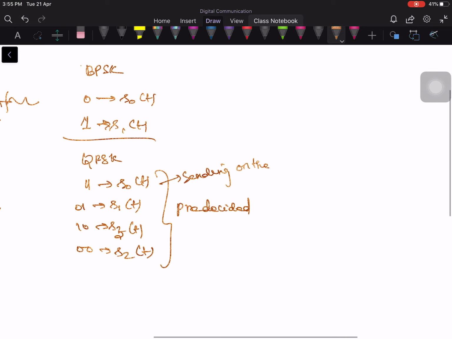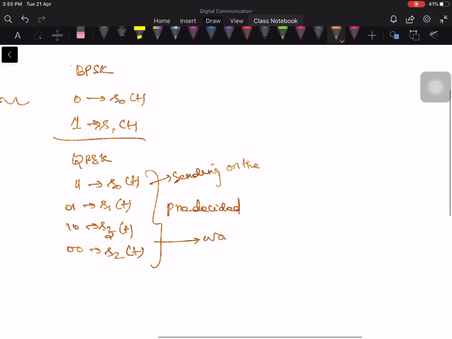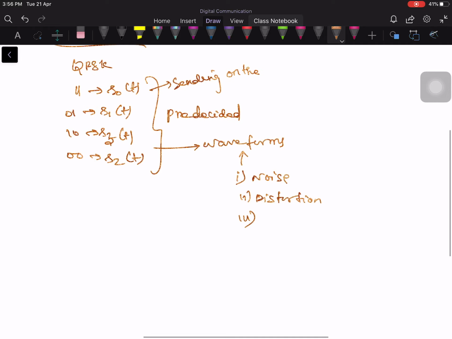Therefore, whatever waveforms you are sending are contaminated by noise, then distortion, and then interference from other channels.